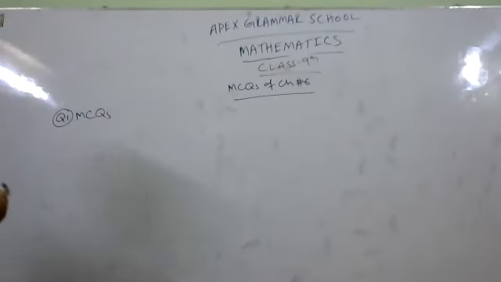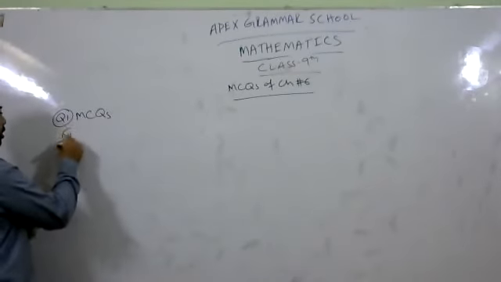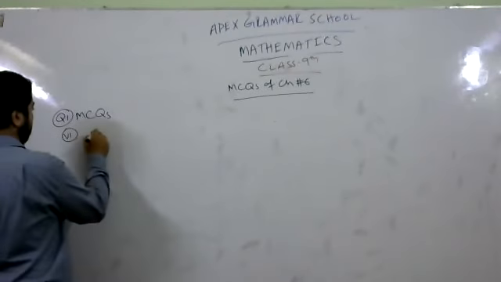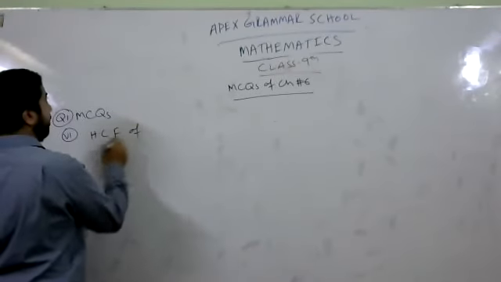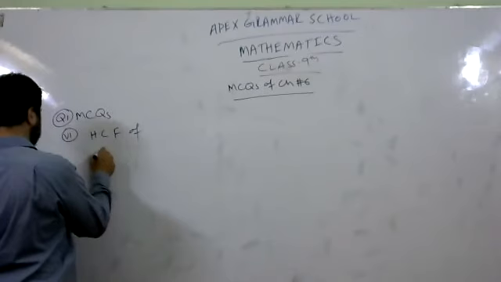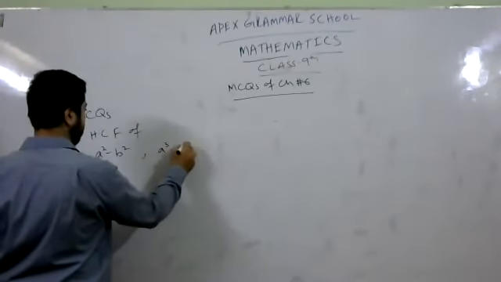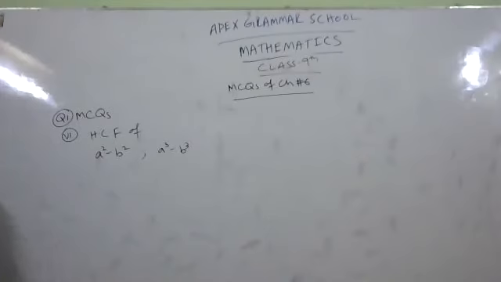This is again for HCF. That is the HCF of A square minus B square and A cube minus B cube. Again the formula.